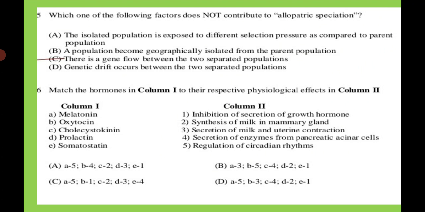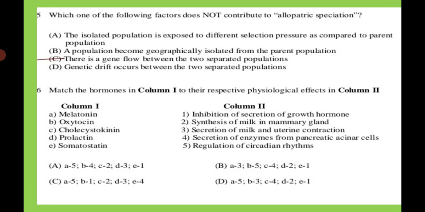Oxytocin stimulates uterine contraction and speeds up the process of childbirth. It also plays a role in bonding with the baby and milk production. So melatonin: regulation of circadian rhythm; oxytocin: secretion of milk and uterine contraction. Then cholecystokinin, a hormone that functions as a part of our digestive system.